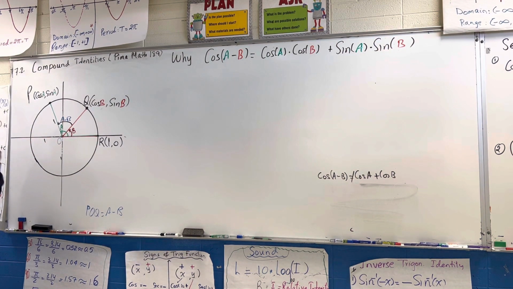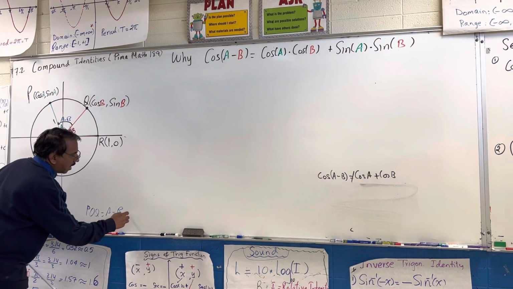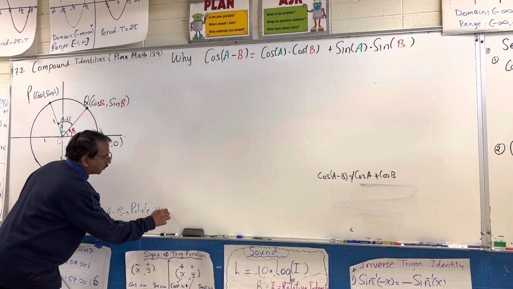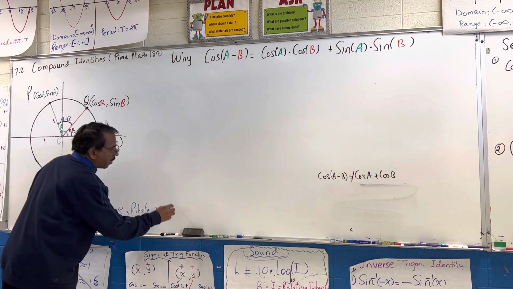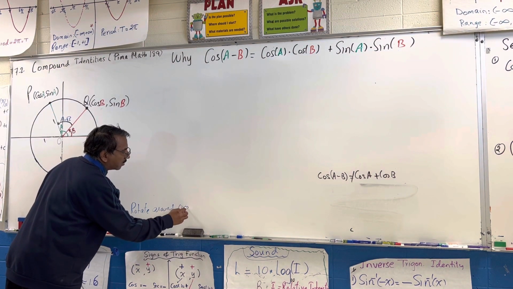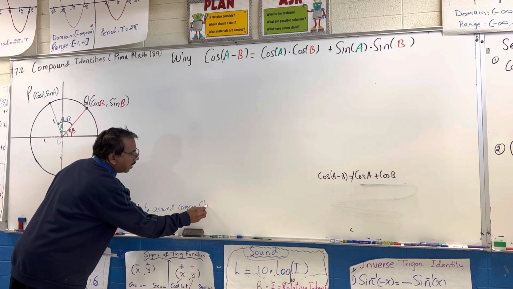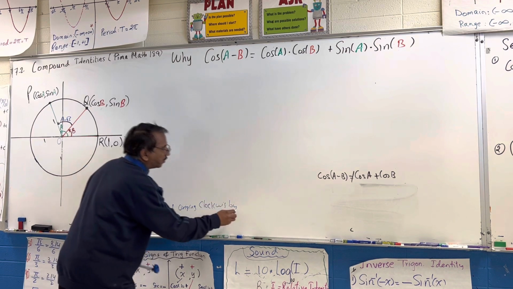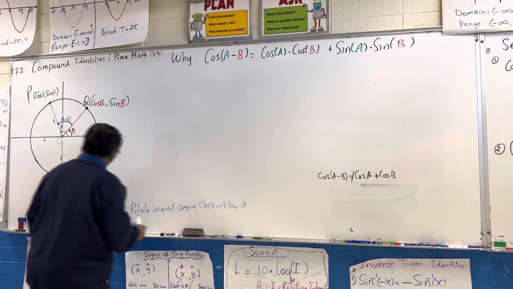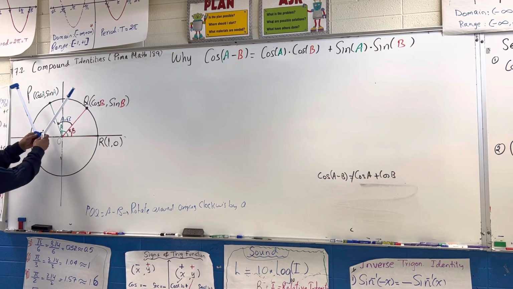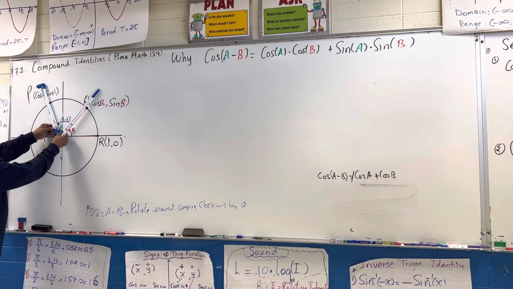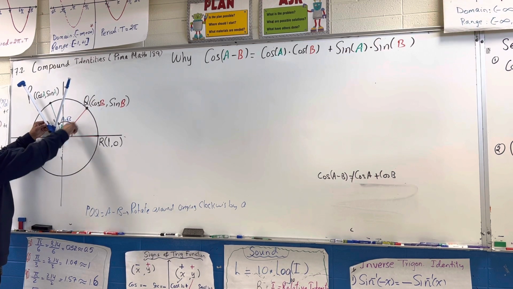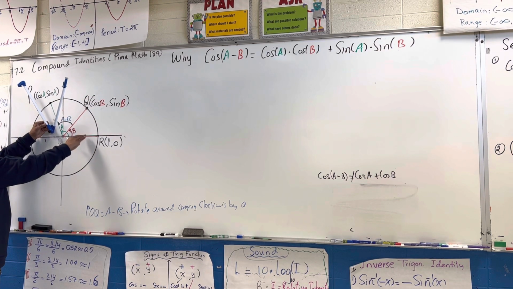So what we do next is this angle I'm going to rotate around the origin, clockwise, by A minus B. So this angle you're going to rotate, but you're rotating in such a way that you want to bring this OQ to align with the x-axis.